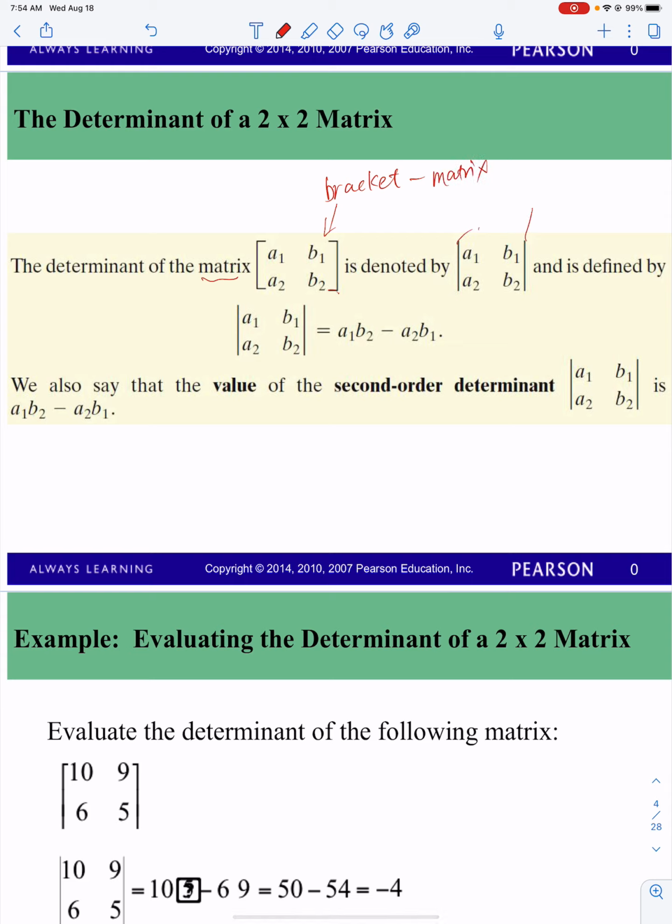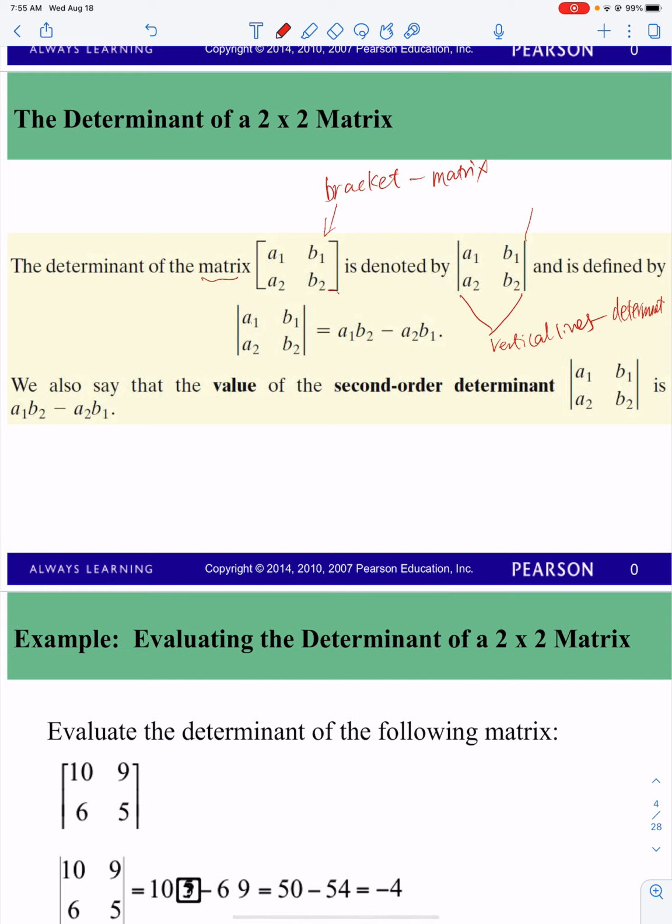And these vertical lines are for the determinant. So do not randomly write something. If you just write vertical lines, that is not a matrix, that is a determinant.